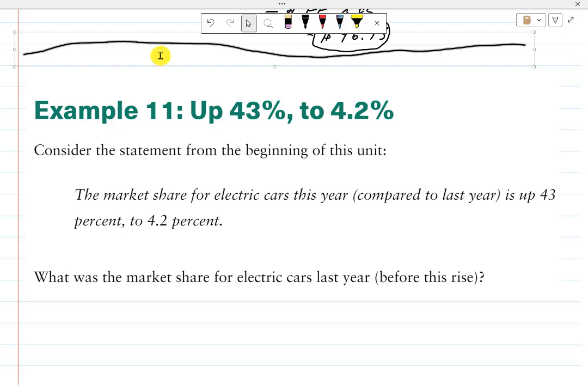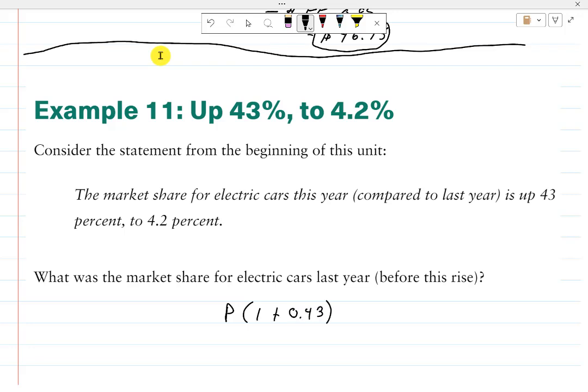Here's an example where a percentage is changing. We have the market share for electric cars this year compared to last year is up 43%, and the new value is 4.2%. What was the market share before last year? So it's up 43%. So what we do is this. We would like to know what our value was last year. So I'm going to take P, and I'm going to take 1 plus 0.43.